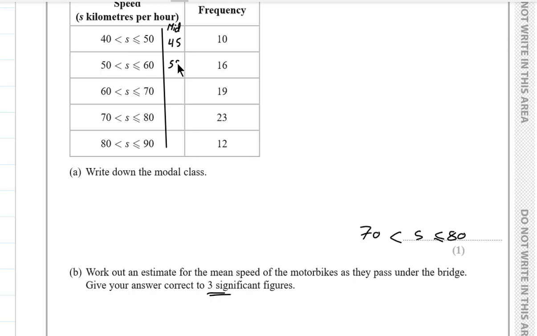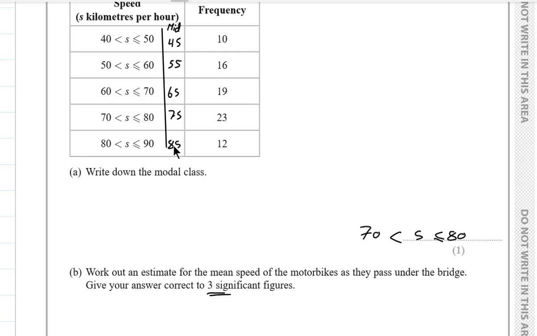And if you find that all the widths of the classes are equal, as in our example here, 10, 10, 10, the mid-intervals will also have a constant difference. I mean, you will add 10 each time. It will be 65, 75, 85. It's very easy.